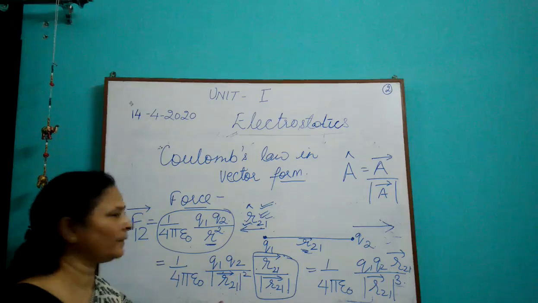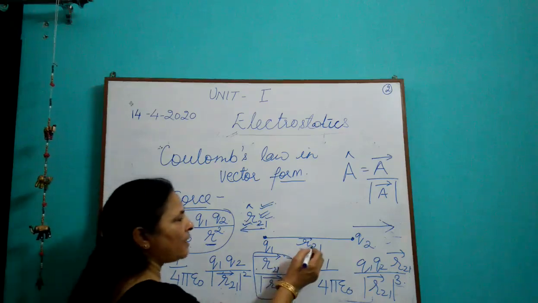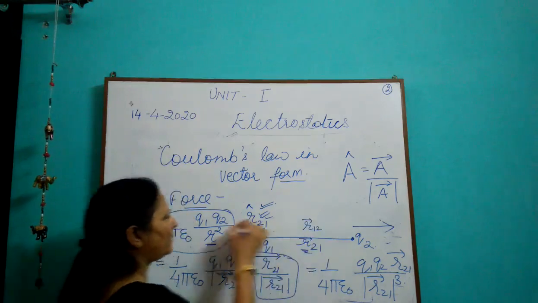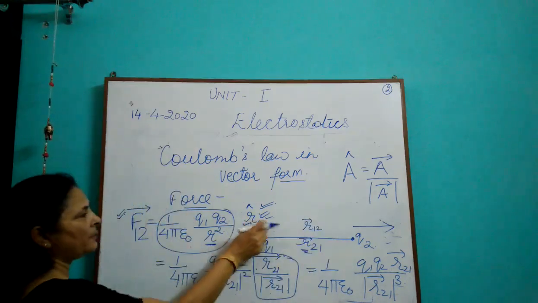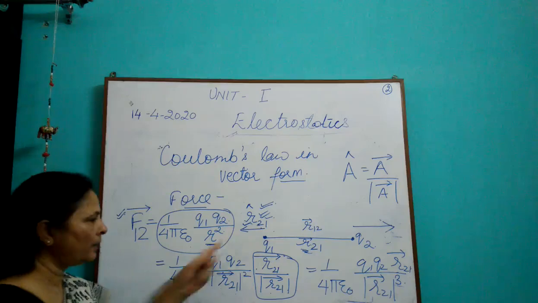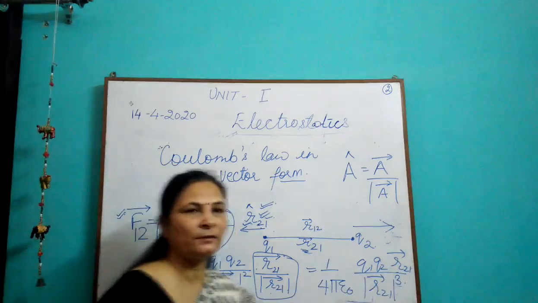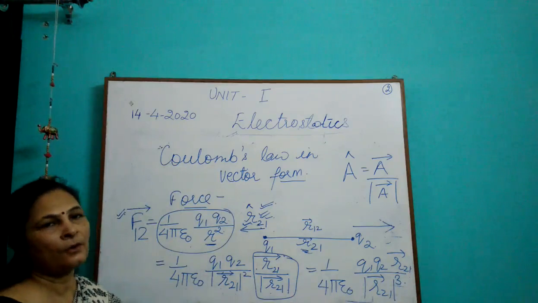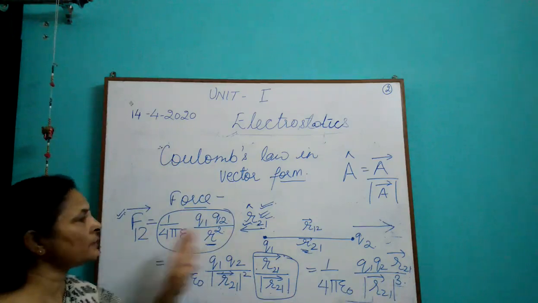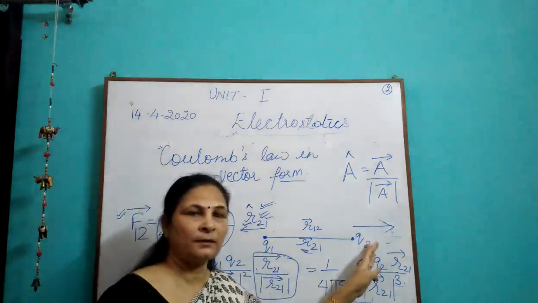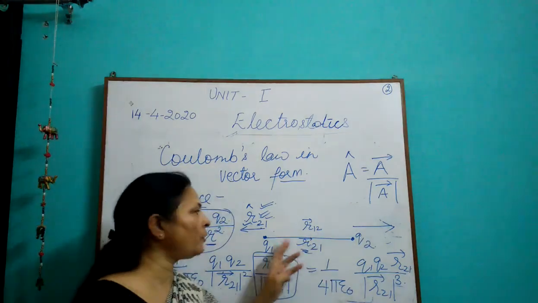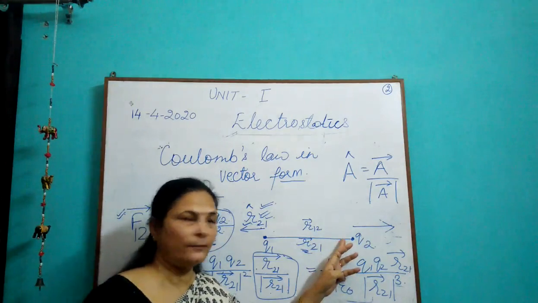So this R will become R12, and everywhere this will be replaced by R12, and you'll get a similar expression for the force, and now you know the direction also. This is the first case where the charges are similar. You can do it for both as negative charge yourself.